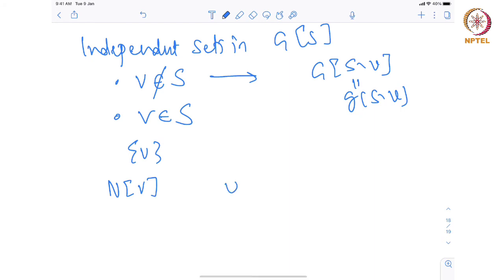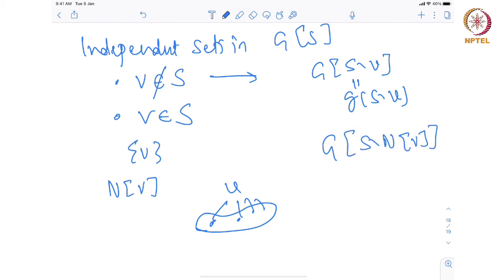Because if V is there, none of its closed neighborhood is there, which implies that you compute the independent sets in graph G[S minus N[V]], add V to that, so that is one family of independent sets, plus you have to also add 1 for V itself. So this is nothing but G of S minus N[V] plus 1.